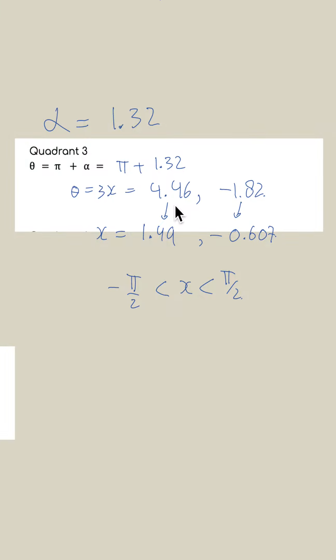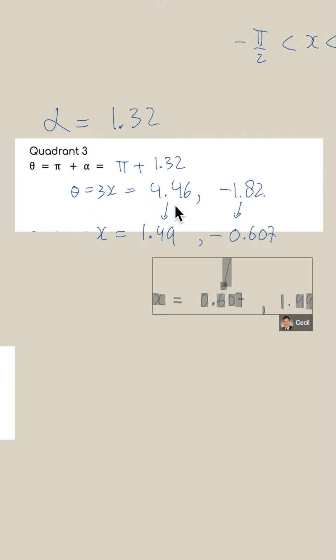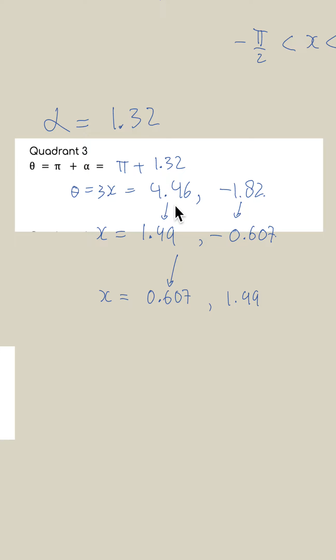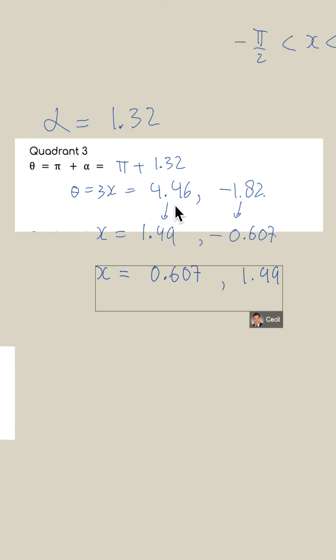So we must present the answer. From quadrant 3, we have positive 1.49 and negative 0.607.